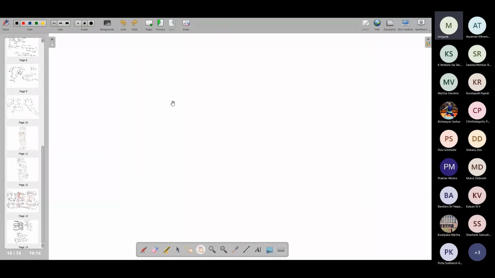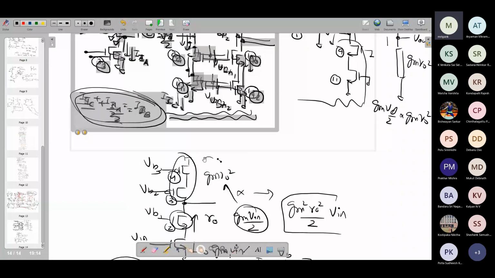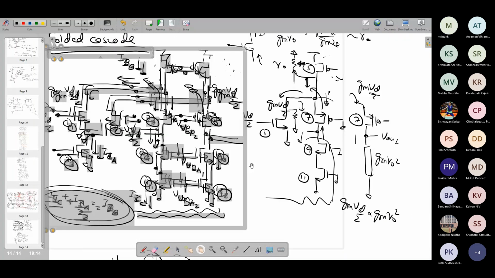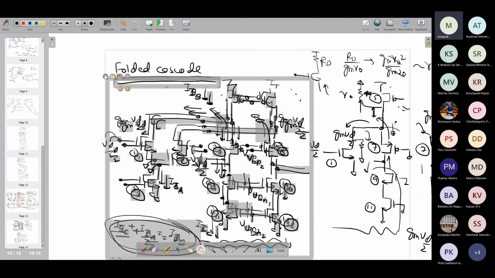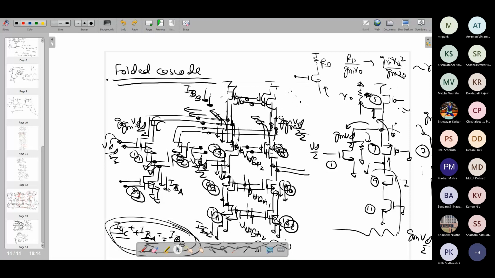If I want to, I don't know. This is not moving also. So I don't know. Again, I have to draw the whole thing. Anyway, this is spoiled. This is strange.